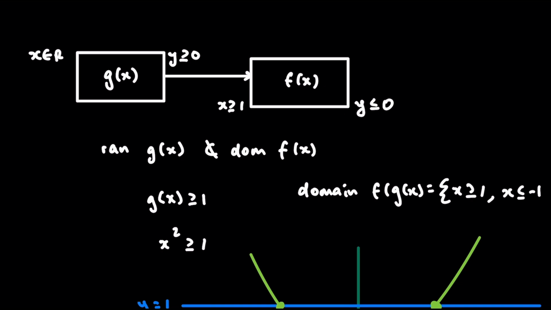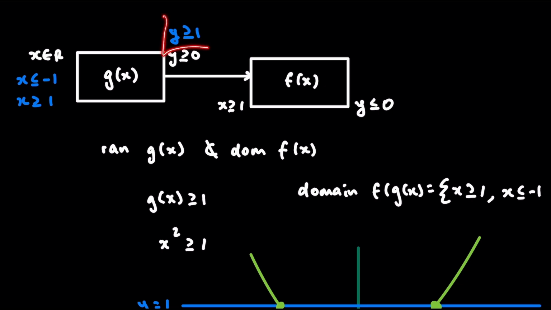Now let's talk about the range. Because we changed our domain to x being less than or equal to -1 and x being more than or equal to 1, we also changed the range of the first function to y being more than or equal to 1. That was the whole goal. Our whole goal was to change the domain so that the range of the first function was y more than or equal to 1. And now we need to see if in this allowable domain, are there any numbers that decided to go on holiday and were just like, nah, let's not go into the machine?